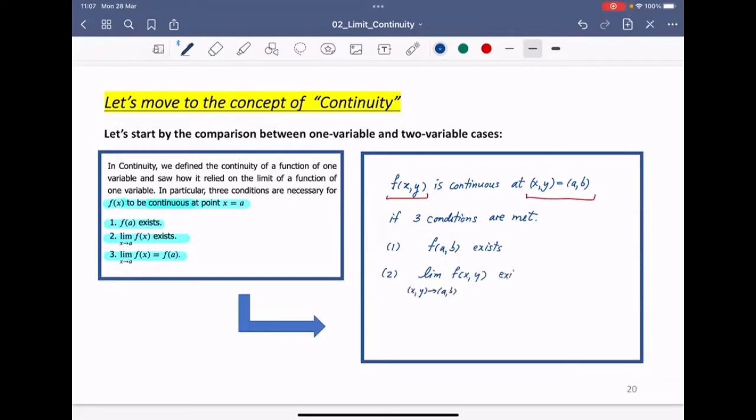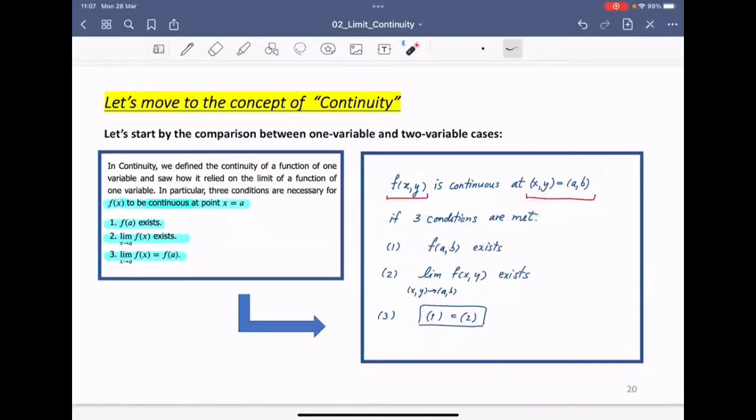This must exist. That is condition number 2. Number 3, the limit and the function value are equal to each other. That is condition number 3. So you need these three conditions, 1, 2, and 3. If you have all of them, then you can conclude that the function f is continuous.